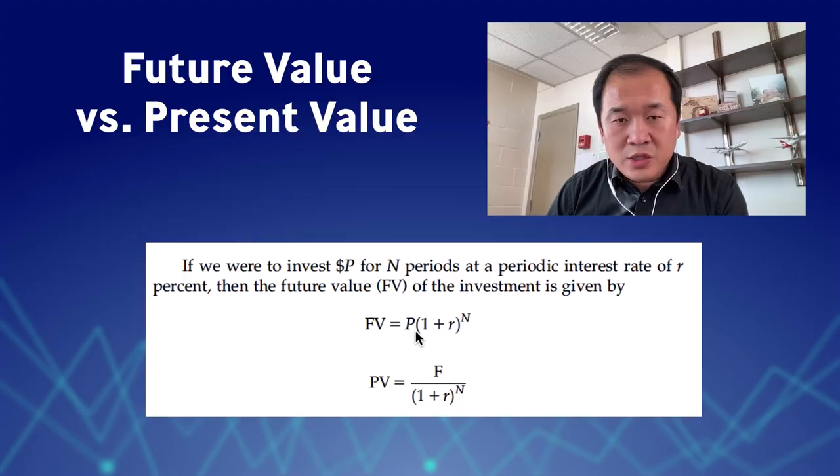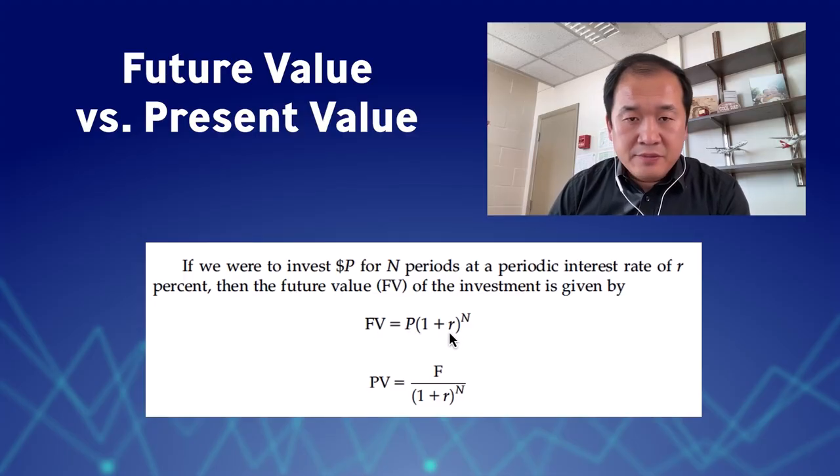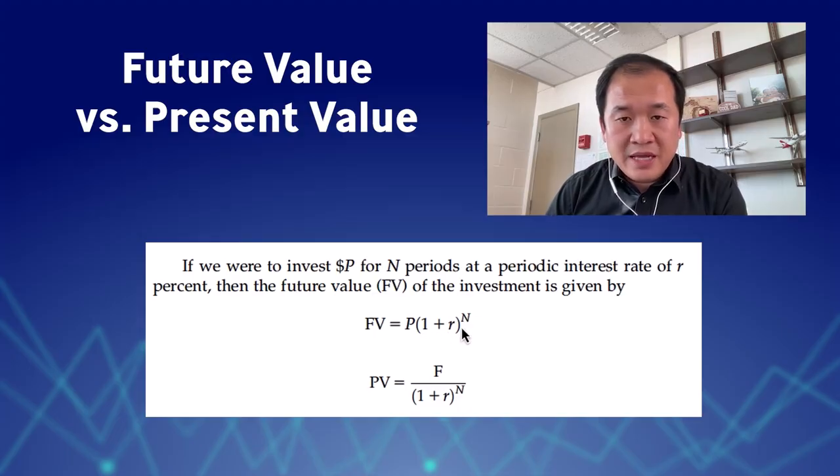P is your initial capital, R is the return of the investment per year, and N is the number of periods. We use the previously introduced compound interest calculation, and you will be able to convert from present value to future value.